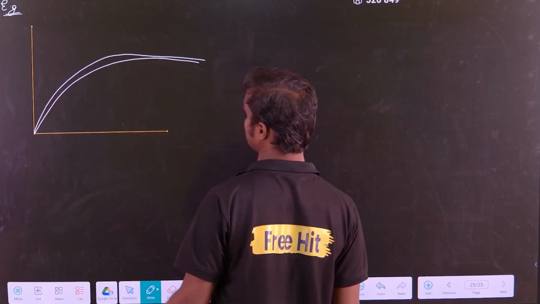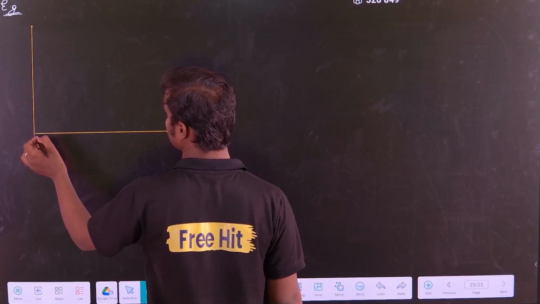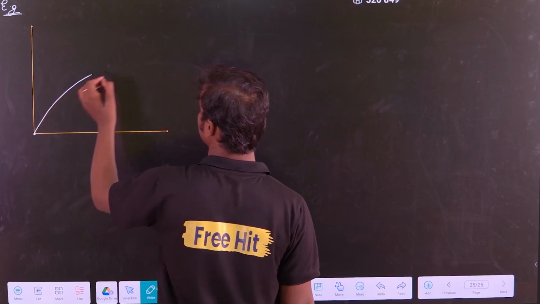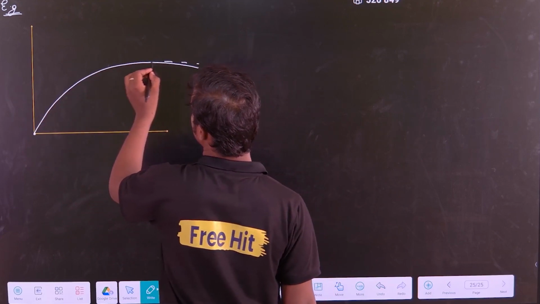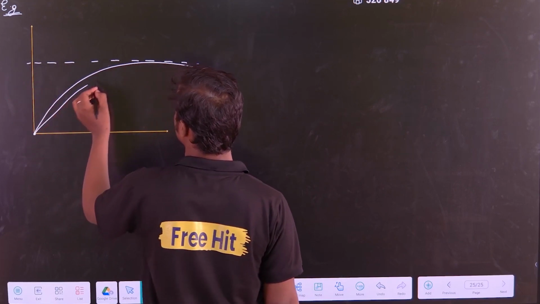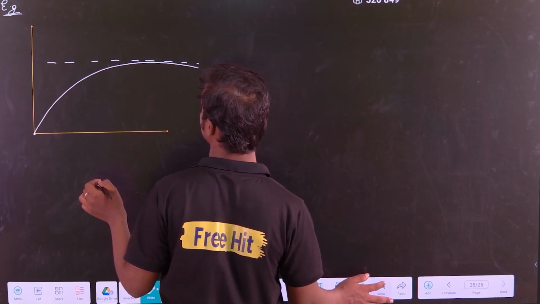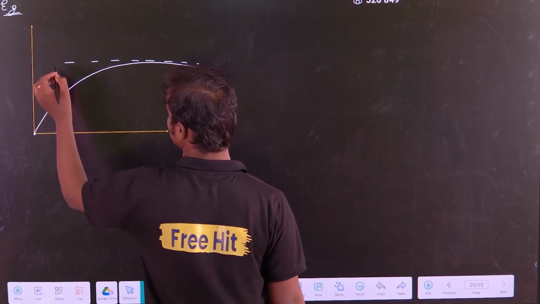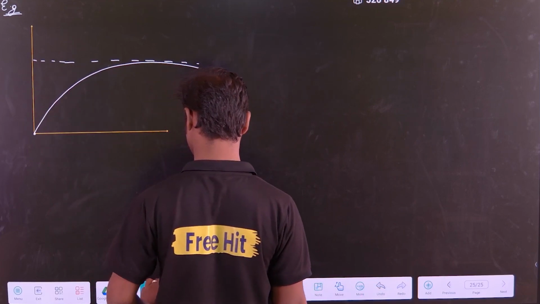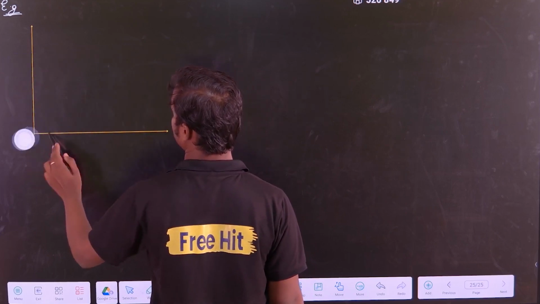For both, Qmax is the same. Let me draw it properly. My drawing is not so good.